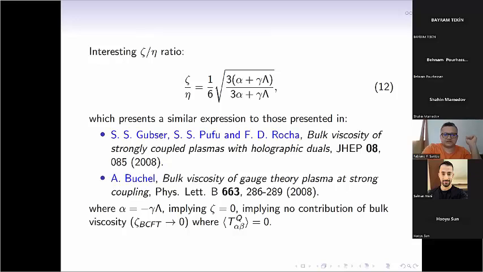And Professor Gubser performed a description of this model, right? But this description was performed by numerical computation, because it's not possible to solve these things in an analytical way.